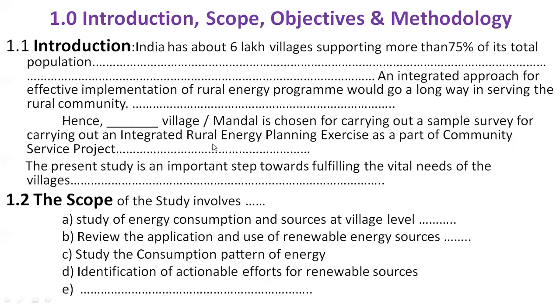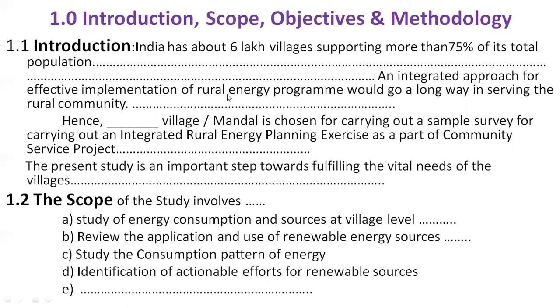And you can again say some more sentences with just a few lines, which, well, it is impossible to give the entire report here. Then finally say present study is an important step towards fulfilling the vital needs of the villages, where you will be concentrating on improving the energy mix that the village has to adopt at the end of the study.